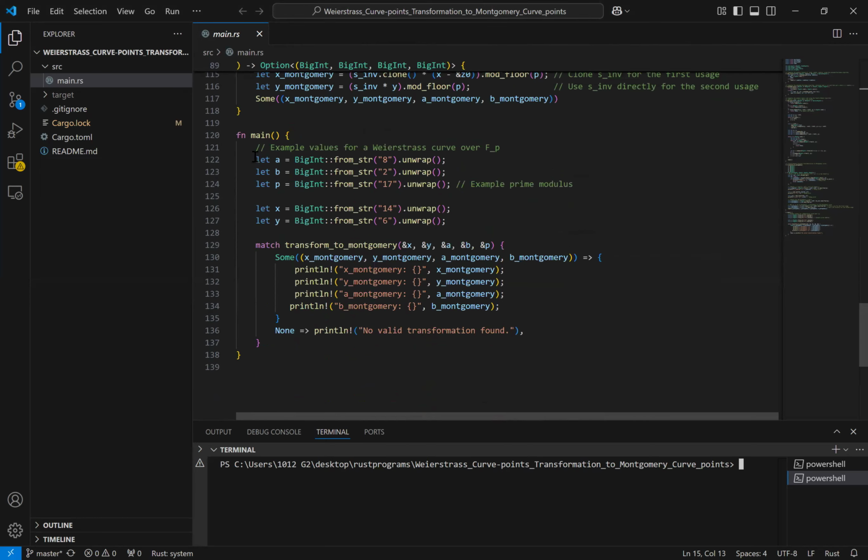So this is where you input your values: the A for the short Weierstrass, then the B, and then the mod, and then the point XY. And then you want to run and see whether it gives you a point on Montgomery.